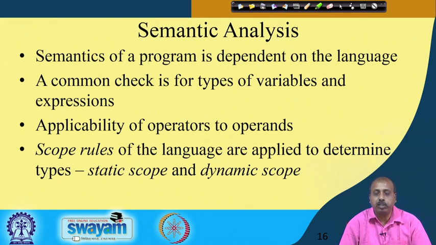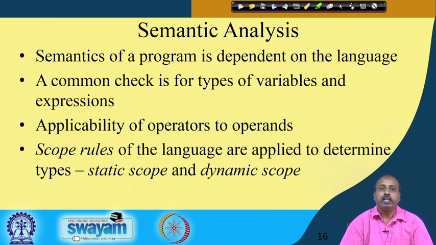So, semantics of a program is dependent on the language. A common check is for types of variables and expressions. This is a very common thing in almost all programming languages, where type checking is mandatory. Why? Because certain operations cannot be done on a certain type of variable. For example, integer division and integer remainder operations are not applicable to real numbers.